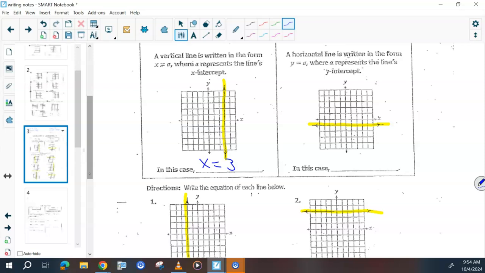The next one is a horizontal line. So it's a y. So we're going to look at where it crosses the y-axis. -1. So that would be y equals -1. Try the next 6 really quickly.